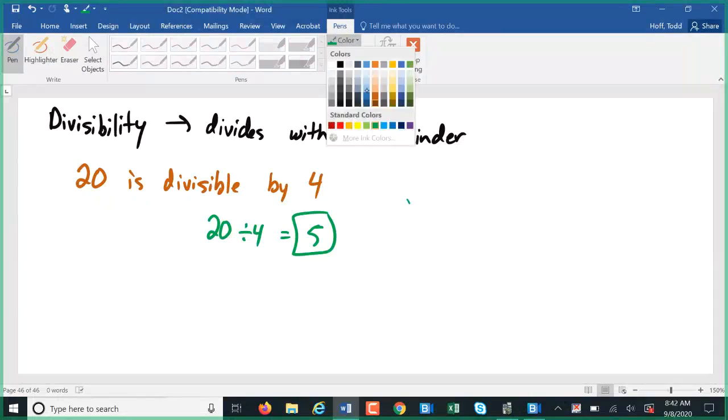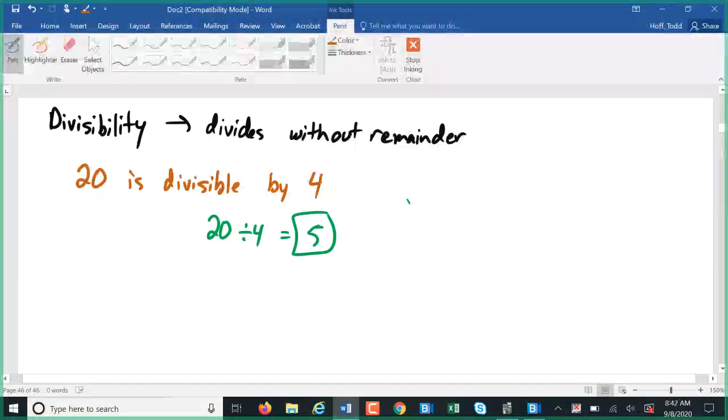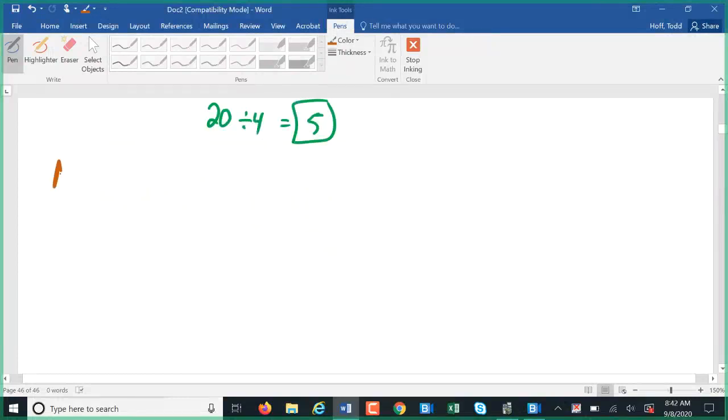Now, the numbers that a number is divisible by, those numbers that divide a number, are called factors.